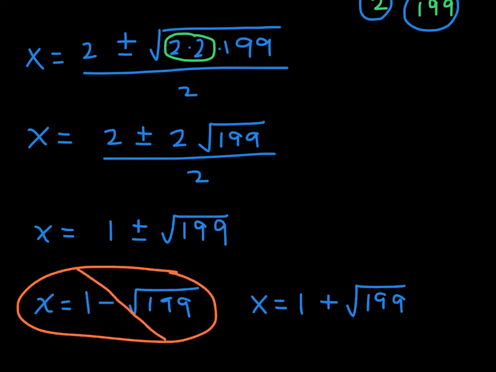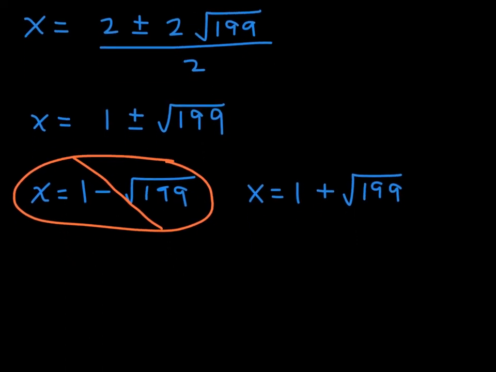Because 1 minus the square root of 199 will end up being negative, and we can't have negative distance. Like, we can't say the fire pit is a negative amount of meters from the playset. That doesn't make any sense because this is a negative measure. So we're going to toss that out.